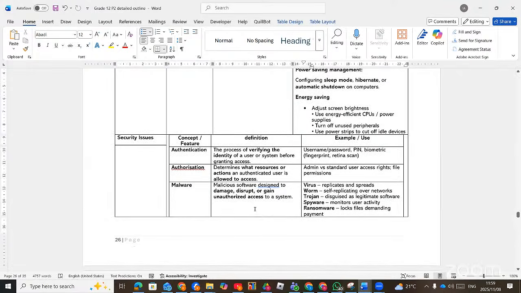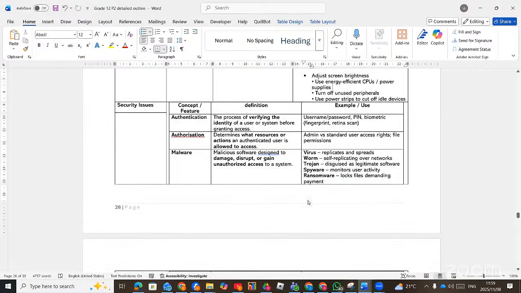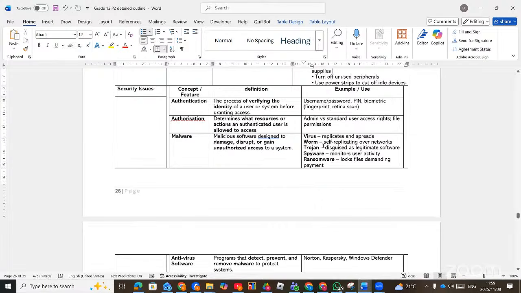Right, then malware, which is malicious software designed to disrupt, damage, and gain unauthorized access to a computer system. You must know the definition and different types of malware, like virus. They disrupt the normal function, they replicate and spread.